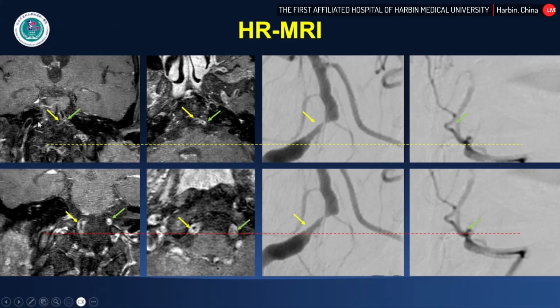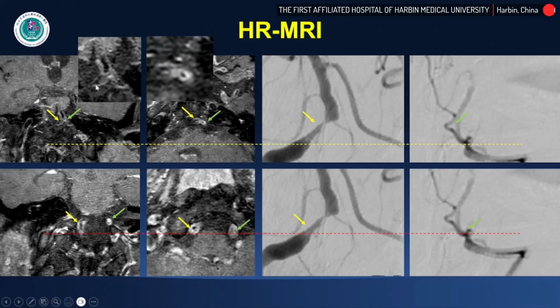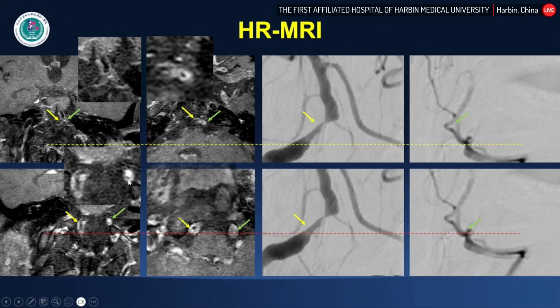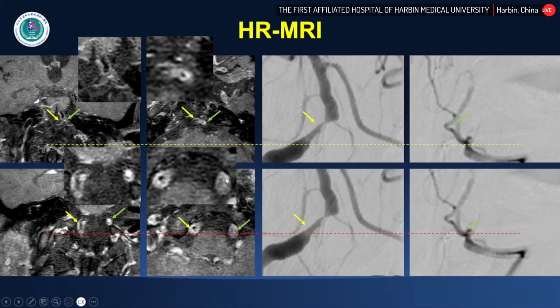We can see there is a plaque at the C4 segment of the vertebral artery, just like the arrow C. And the left side is nearly occluded, like the gray arrow C. So we can see the plaque here, and this is the occlusion. This is the left side occlusion.